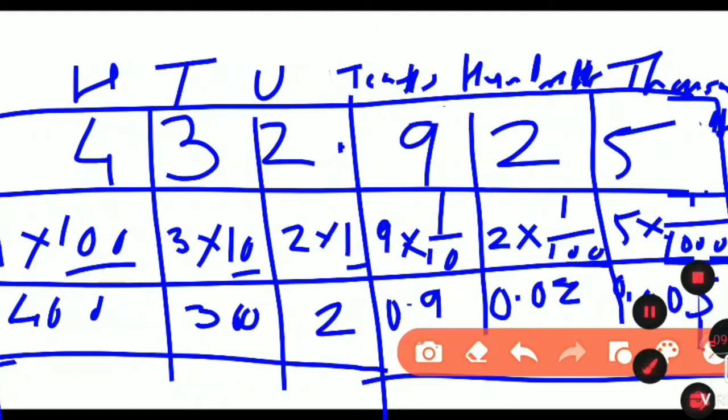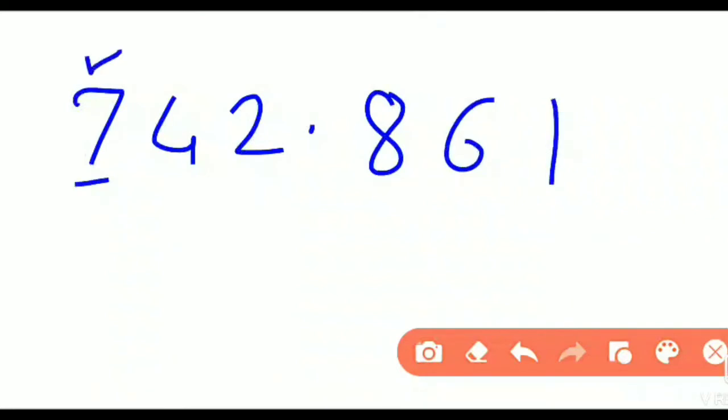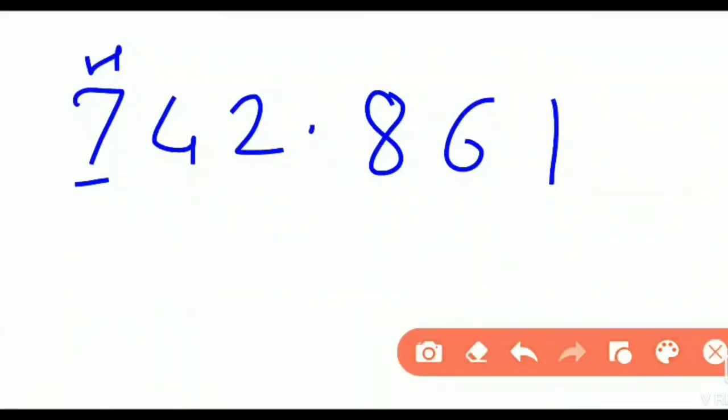Okay, now see here. I will write one number here, 742.861, and first you will see the places. This is the hundreds place, this is the tens place, this is the unit place.